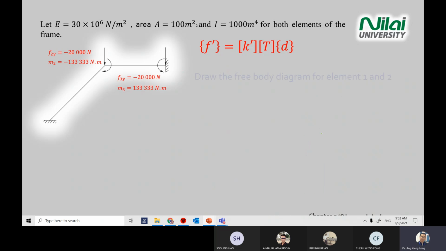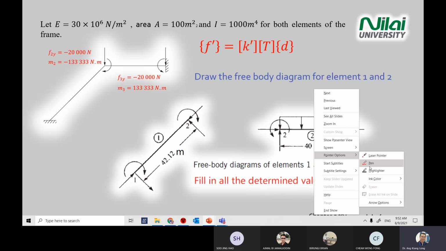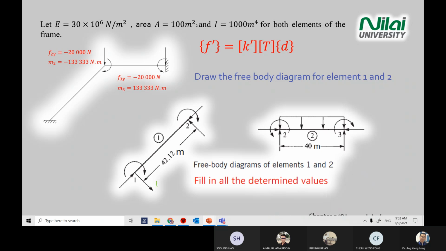Then after that, you use the values to draw a free body diagram, something like this. For element 1, this is point 1, this is point 2. Each point has F1x, F1y, and moment 1.